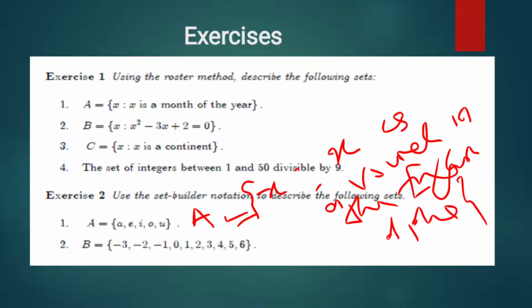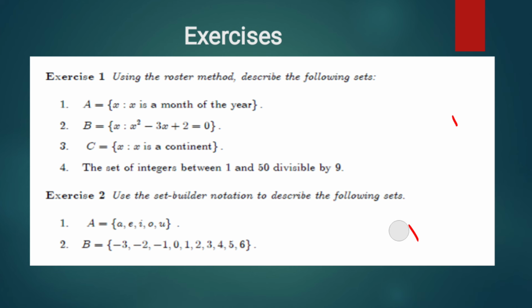Sorry, I'm writing in a hurry. So this will be your answer. I expect you to solve these exercises and have them submitted during our next class. I will let us know when the class will be.